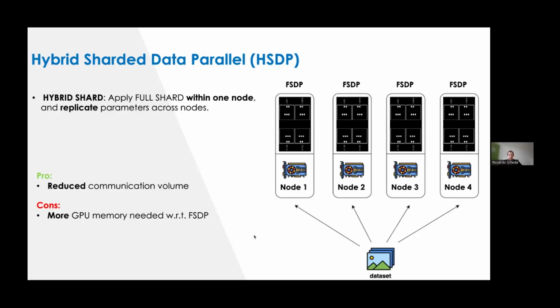It is kind of a mix between DDP and FSDP, in which in each of the nodes, the model is replicated. As a pro, we have a reduced communication volume because the model is not sharded across all of the GPUs of all the nodes, but only in one node and replicated across the nodes. But of course, you will need more GPU memory with respect to FSDP.